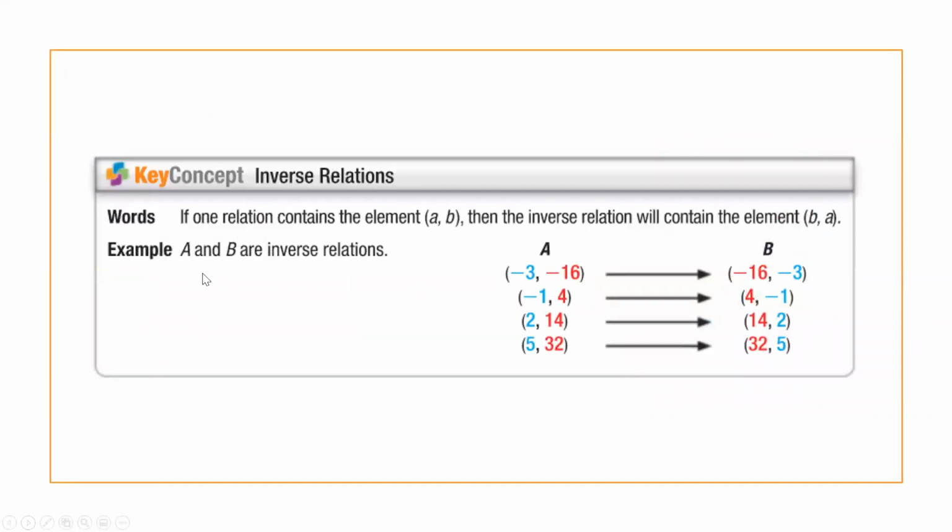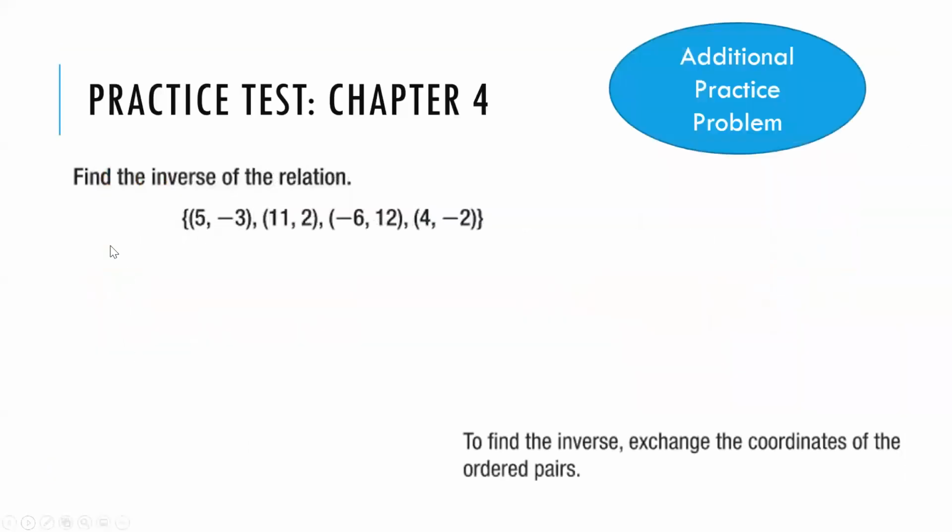Then the next section talks about inverse functions, okay? So if one relation contains the element AB, then the inverse relation will contain the element BA. So you're just switching the X and the Y values, okay? So you will have a question where it asks you to find the inverse of the relation. Okay, this is an additional practice problem that will definitely be on the test. So you're just switching these around.